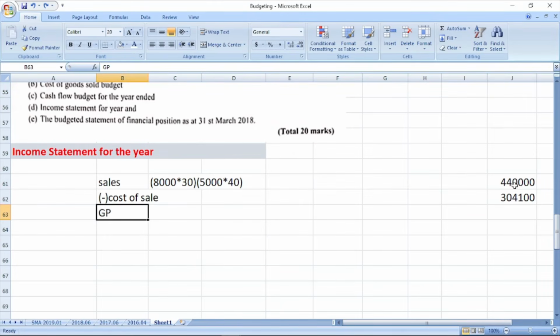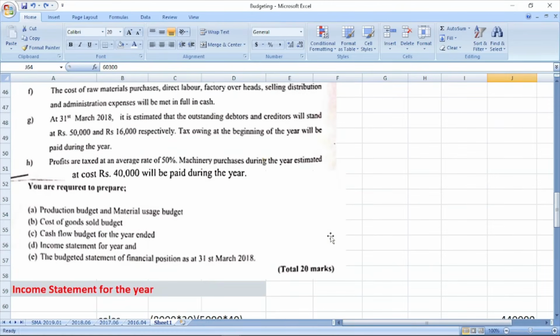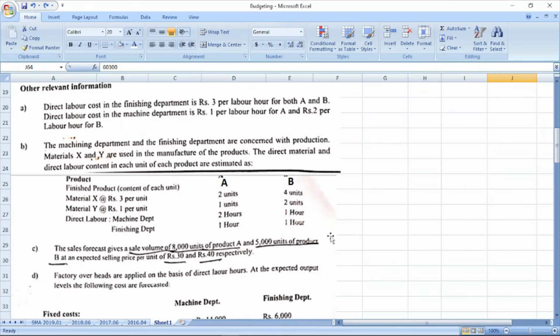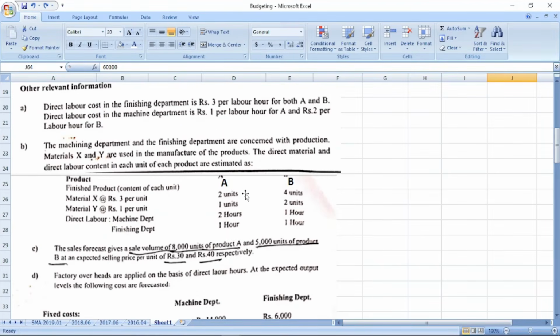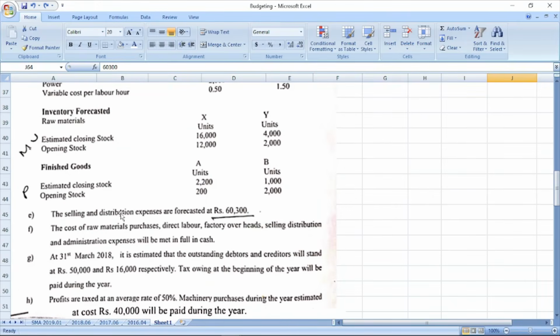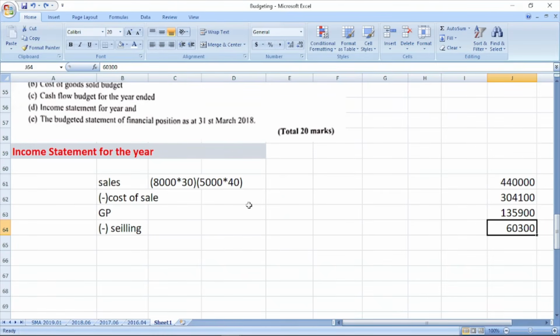Now we get the gross profit, that's 440,000 minus 304,100, 135,900. Now minus selling expenses 60,300. They mention 60,000 selling and distribution expenses forecast, 60 and 60,300.